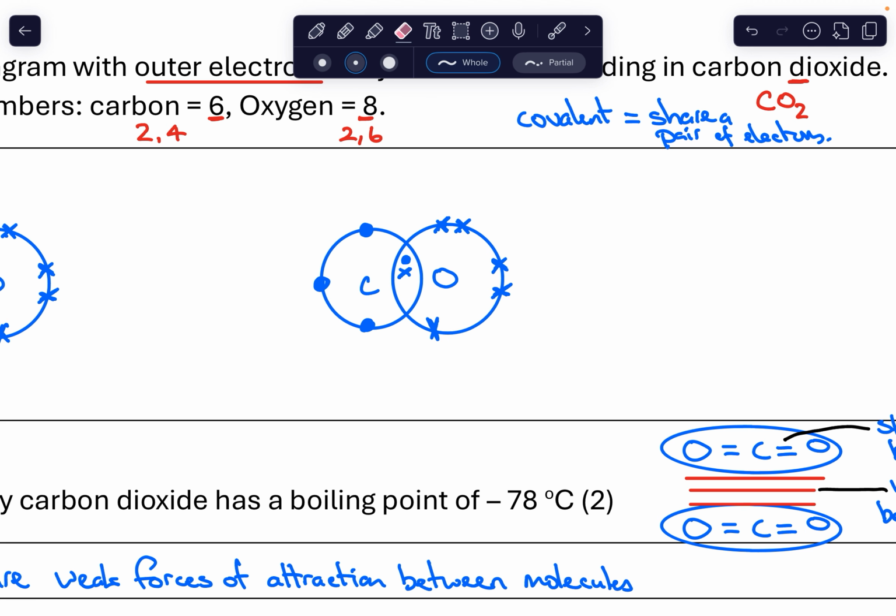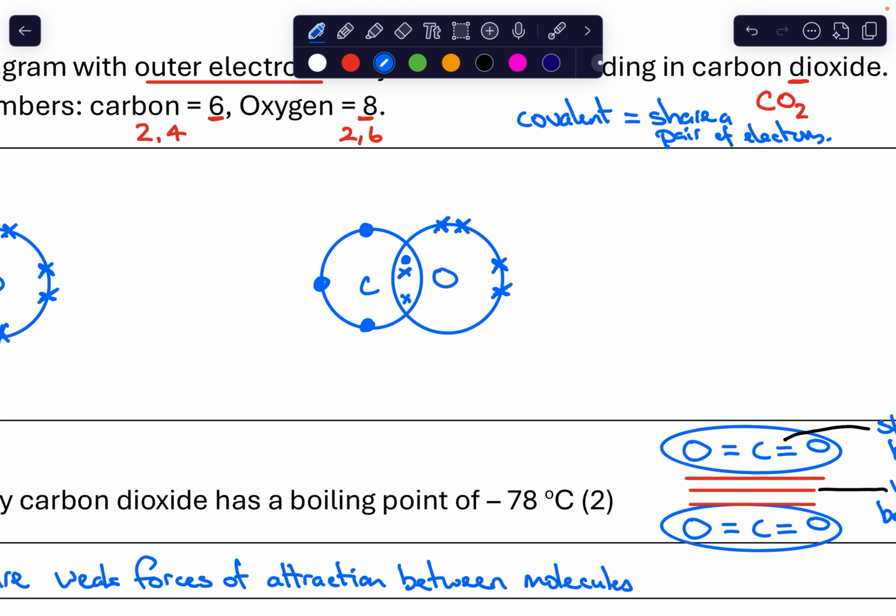Let's get rid of this one here. Right, and if we just check and count, oxygen has got a share of 1, 2, 3, 4, 5, 6, 7. That's not enough. It needs to have a share of 8. So what oxygen is going to do is oxygen is going to put another electron in.